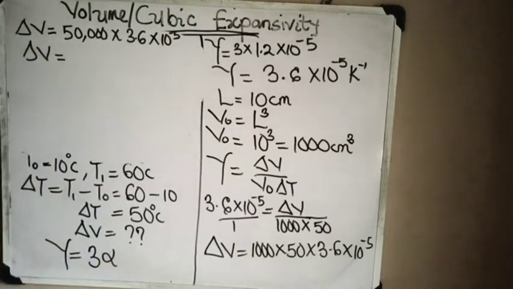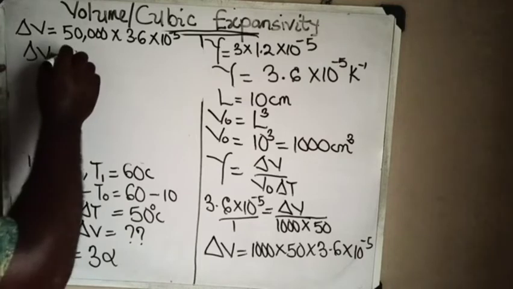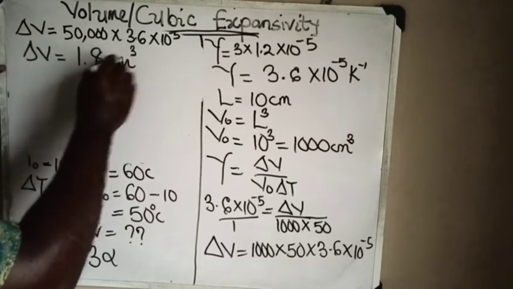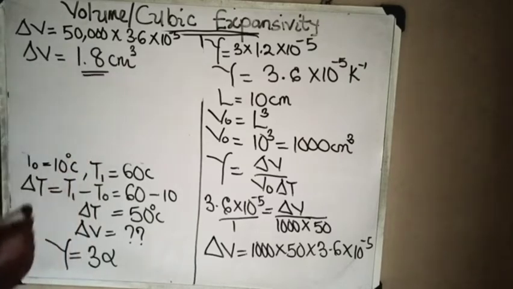If I press it in the calculator, it should give me around 1.8 cm cubed. This is what the change in volume should be. So the increase in volume of that cube when it was heated from 10 degrees Celsius to 60 degrees Celsius is 1.8 cm cubed.